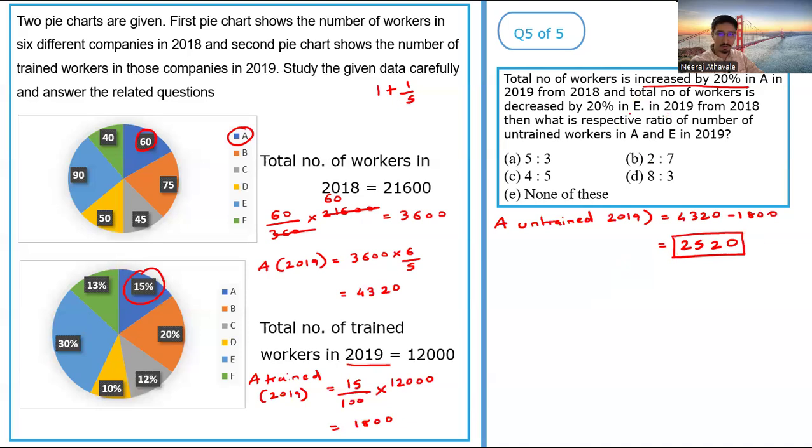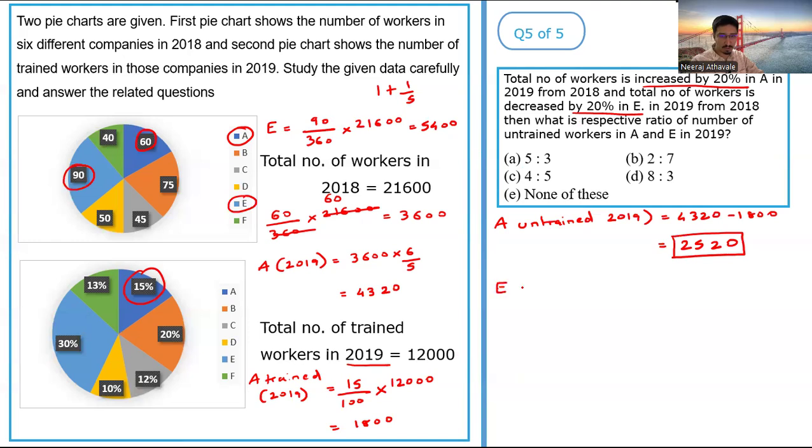Now speaking of company E, total number of workers is decreased by 20% in E. Now company E is this one. So 90 percentage of 21,600. So E company is equal to 90 by 360 of 21,600. So it comes out to be 5,400. Now it has decreased by 20%.